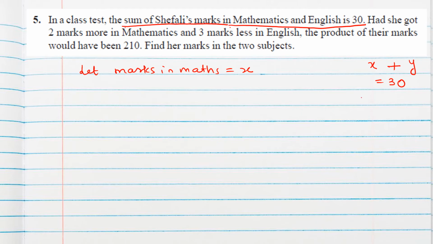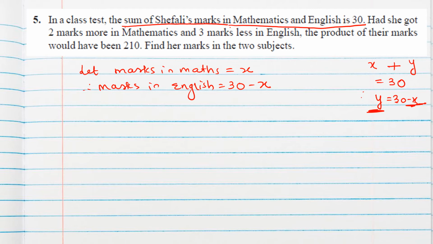If I want to write one mark in terms of another, can I write y is equal to 30 minus x? That is, marks in English is equal to 30 minus marks in maths. So here I am writing directly: therefore marks in English will be 30 minus x, because the sum of both marks is equal to 30.